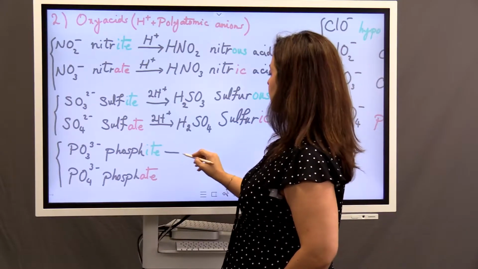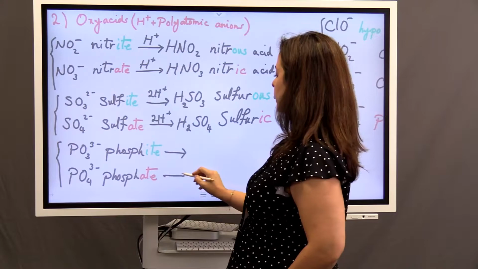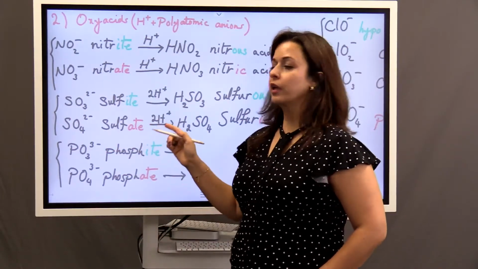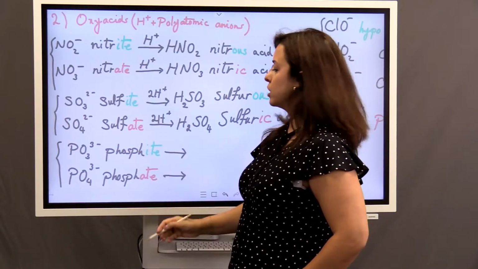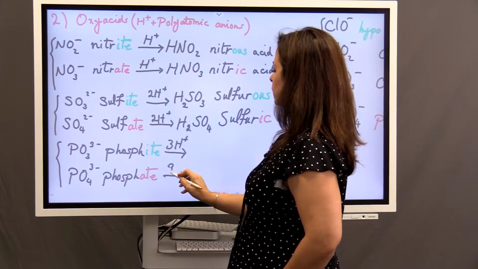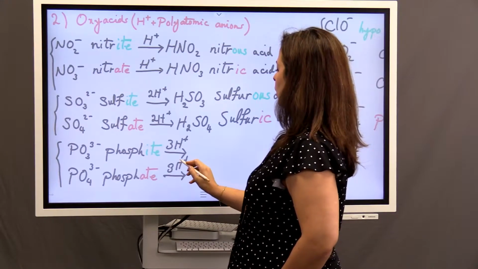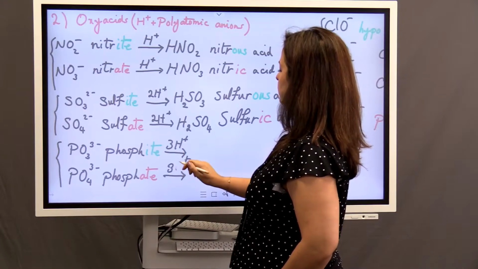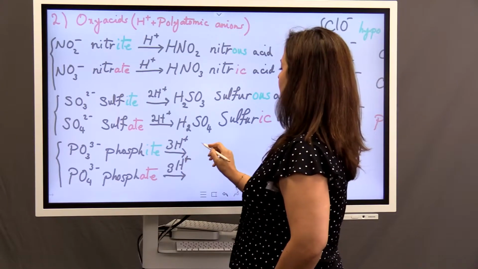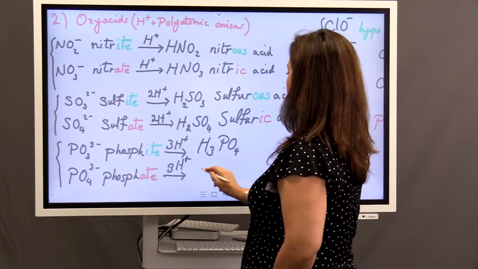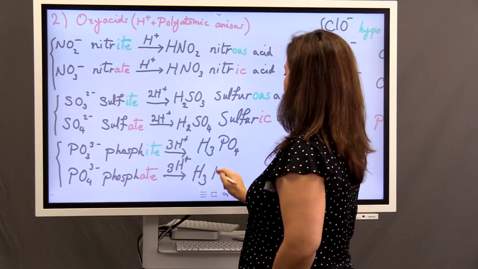And the same thing for phosphite and phosphate. Phosphite and phosphate have 3 negative charge, so they need 3 hydrogen ions. So after you write their formulas, you will have H3PO3 and H3PO4.